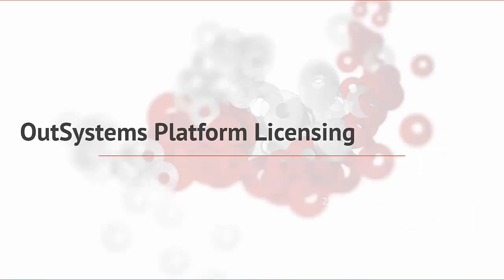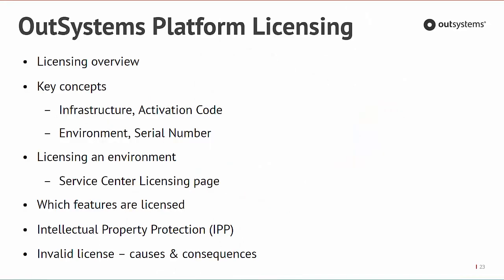We're now going to licensing and how licensing works with the platform. Here we have several bullets to go through. First of all, a licensing overview: the main concepts of licensing in OutSystems, how to license an environment, and what kind of features are licensed.